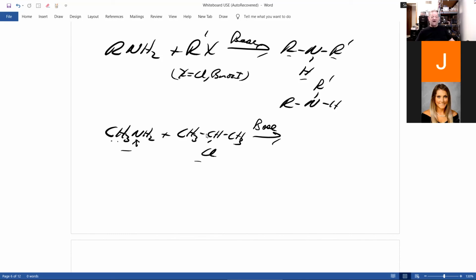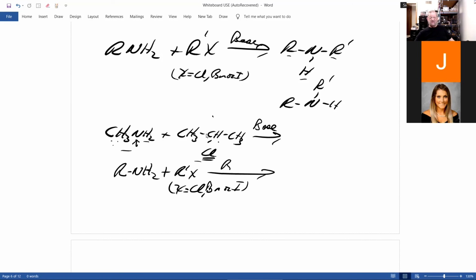Ooh, a nitrogen with hydrogen and carbon. This is a primary amine. Then here, carbon, carbon. Ooh, halogen on a carbon, alkyl halide. Remember, X can be chlorine, bromine, or iodine. And when you react that in the presence of a base, you get a secondary amine.